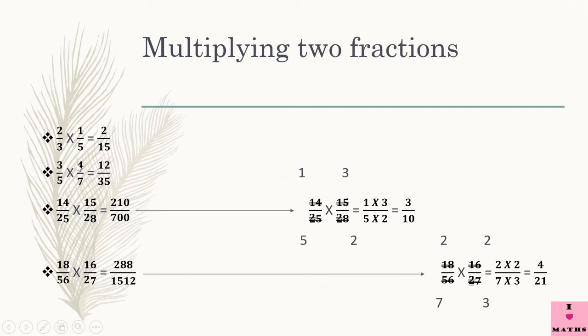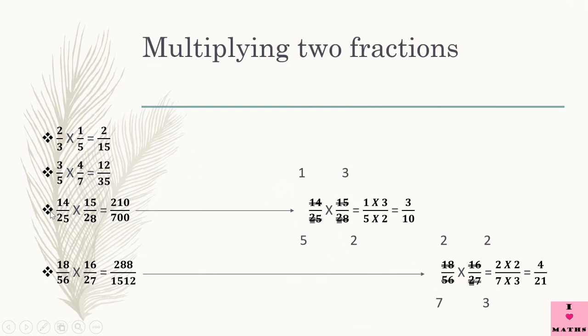So children, 3 fours are 12 and 5 sevens are 35. Now, these numbers are looking big, but 12 and 35 do not come in any of the tables except 1. So we cannot simplify 12 upon 35 as it is already in the simplest form. So this is the answer.